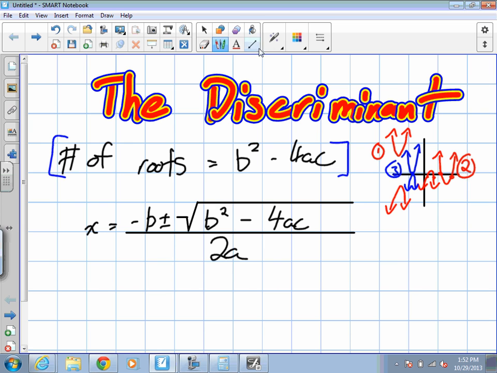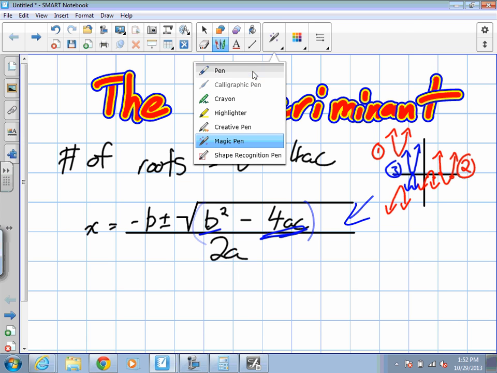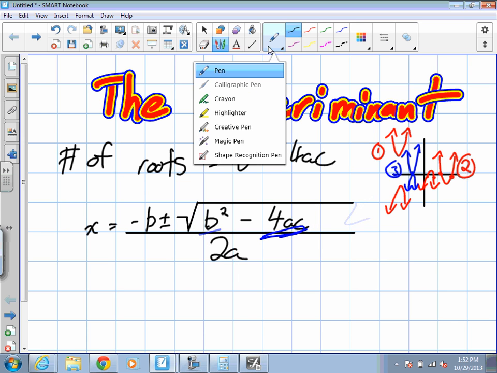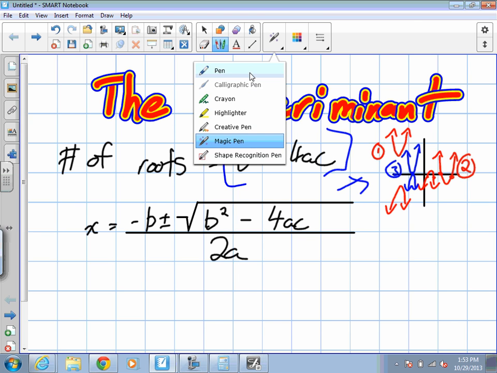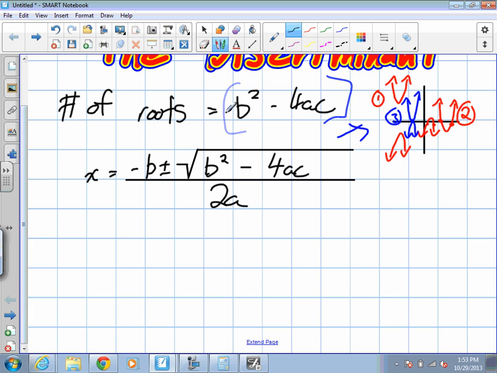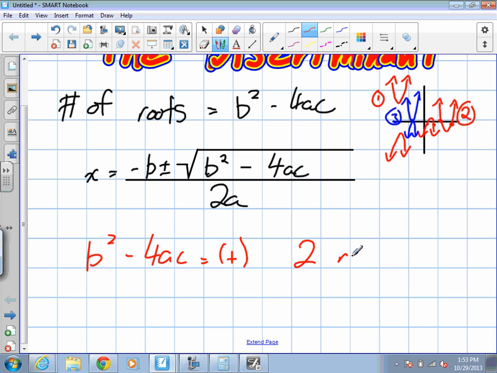And I want to show you that the discriminant is this part of the quadratic formula, the b squared minus 4ac. When finding the number of roots, when this is equal to certain numbers, it tells us which of the 3 situations we have. So the first situation, when b squared minus 4ac equals a positive value, we have 2 roots.